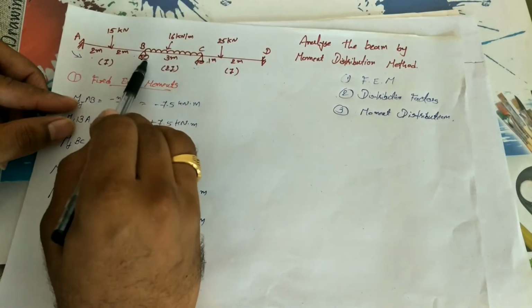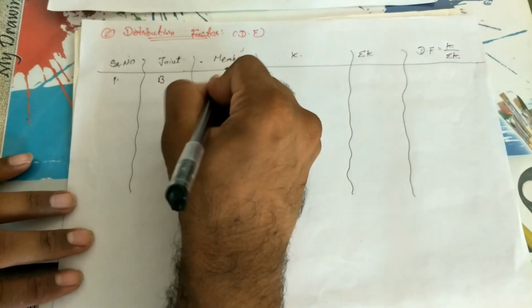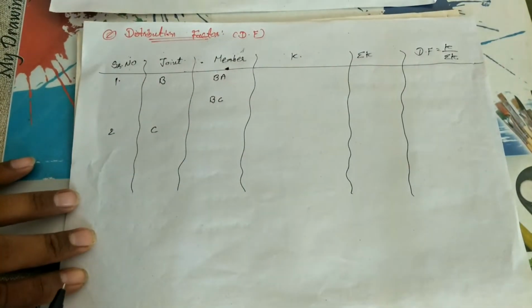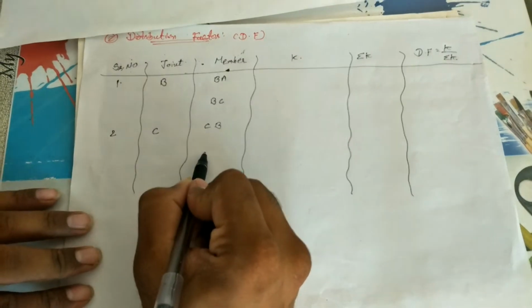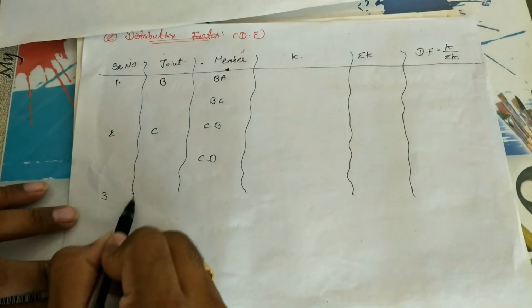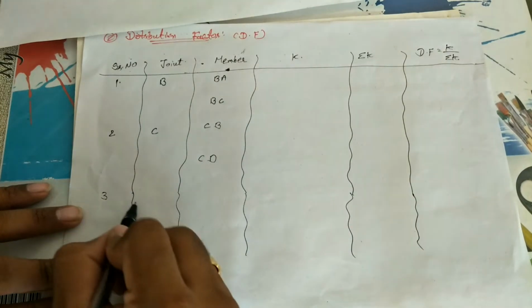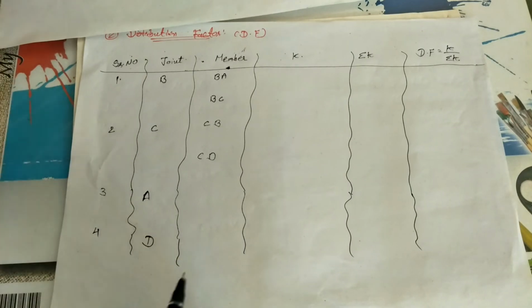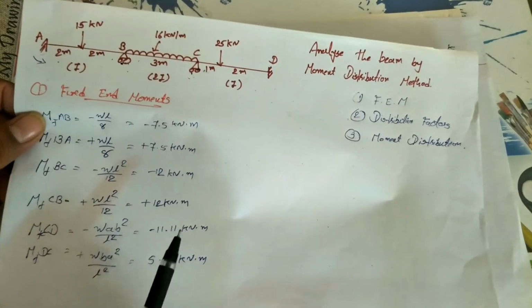Same for C: CB and CD. My A and D are end supports.